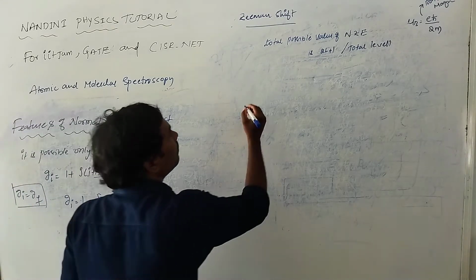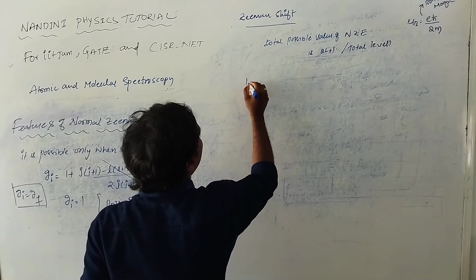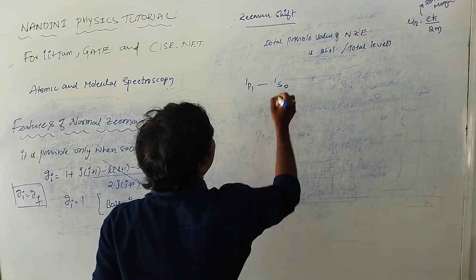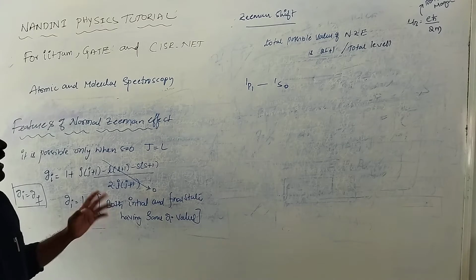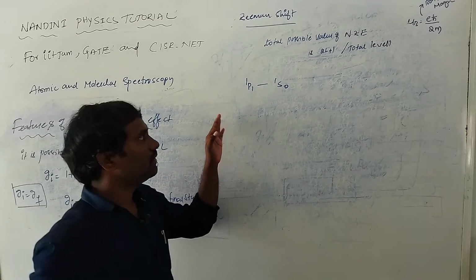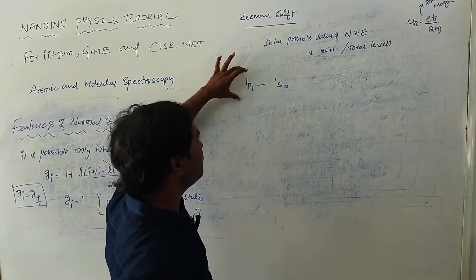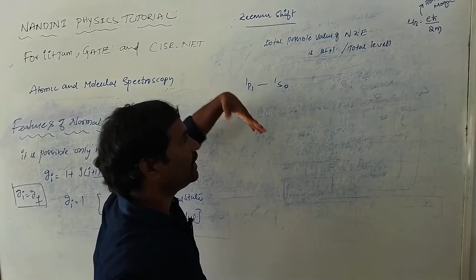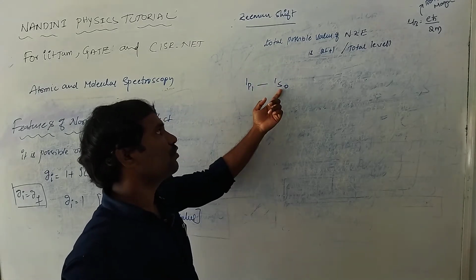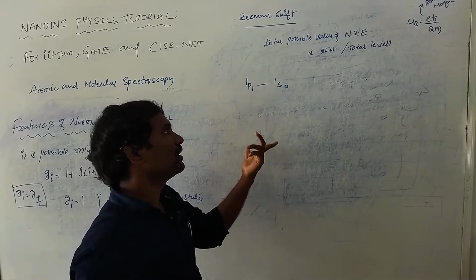First of all, I will explain the transition, one problem is there. See the problem: transition from 1P1 to 1S0, okay. If you see this transition in the normal Zeeman effect, it will be splitting. P will be split into 3 ways, and for S, S is 0 and J is nothing but 0, so there is no split.